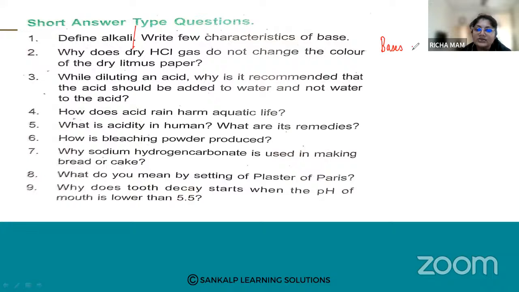This is my first answer. Next, write a few characteristics of a base.